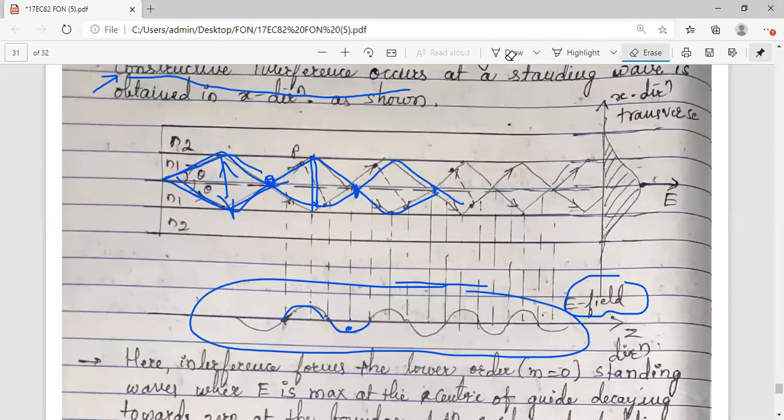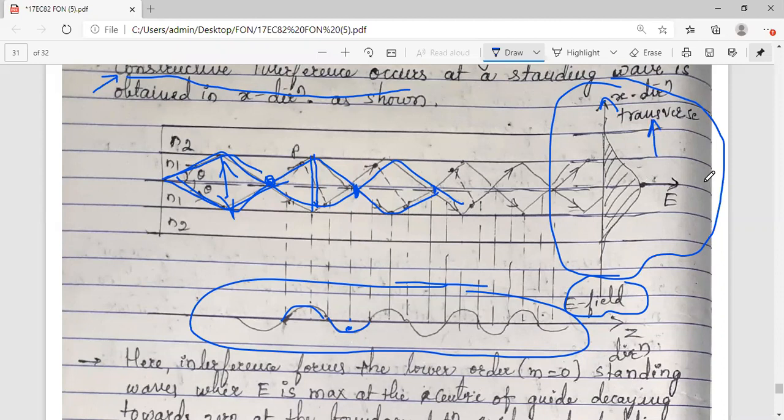Important to note here is this, which I have encircled just now. I am talking about the x direction, and when we are talking about planar waveguides, we talk about transverse electromagnetic waves.